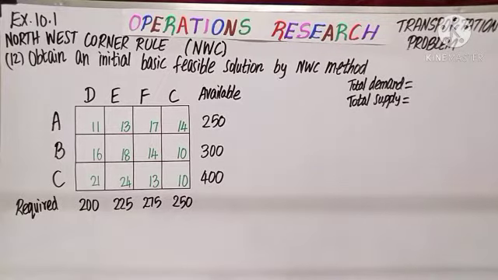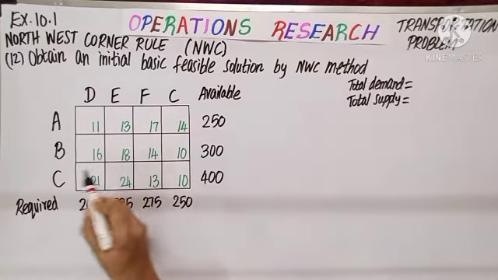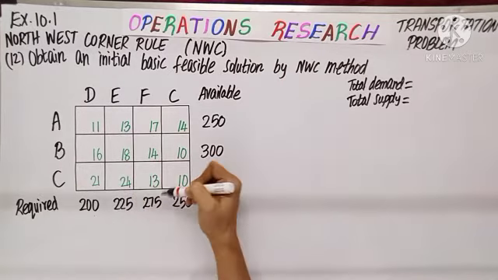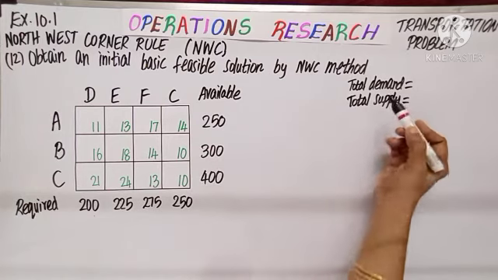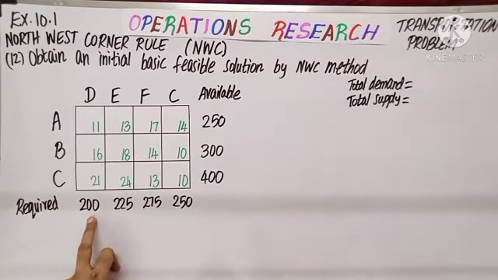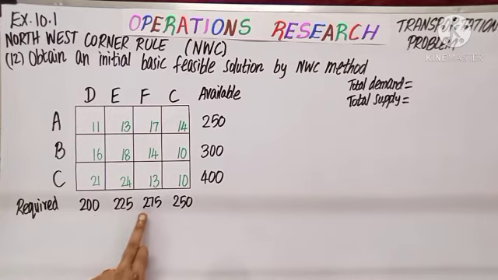Question number 12. Obtain an initial basic feasible solution by northwest corner rule method. Given 3 rows, 4 columns. What is total demand? 200 plus 225 plus 275 plus 215.